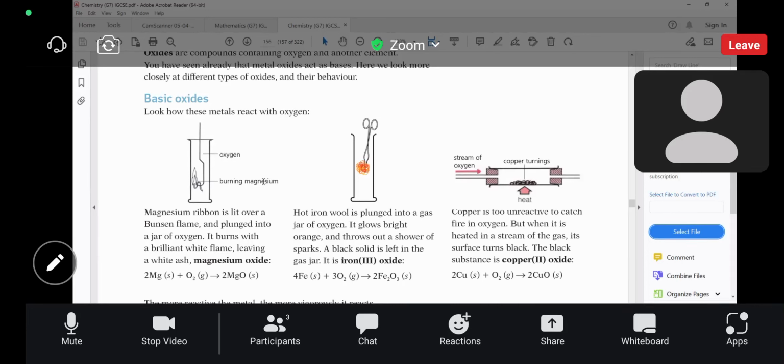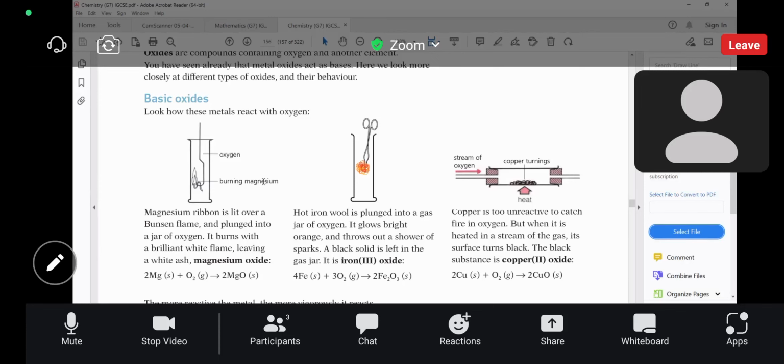Now, this is gas and this is solid. Here there is only one magnesium, but we have 2 oxygens, so we put 2 here. Now we have 2 magnesiums, so we put 2 here. Now the chemical equation is balanced.